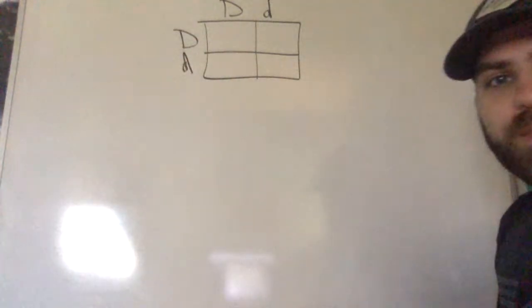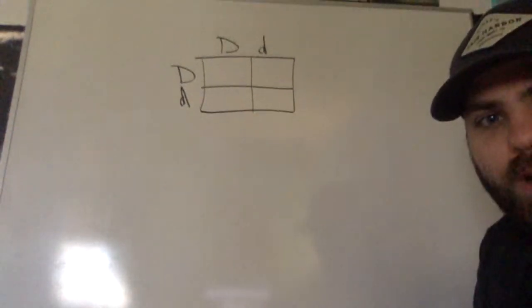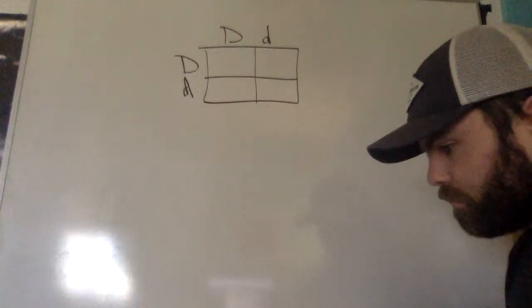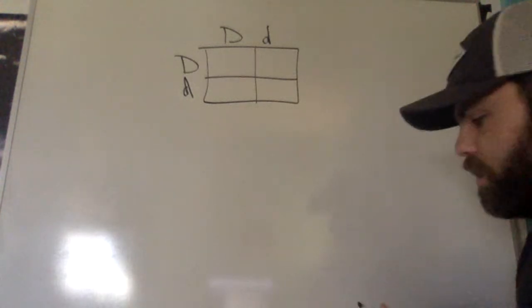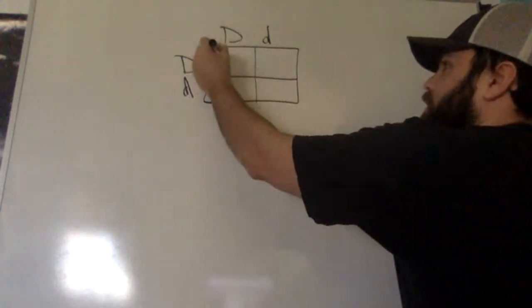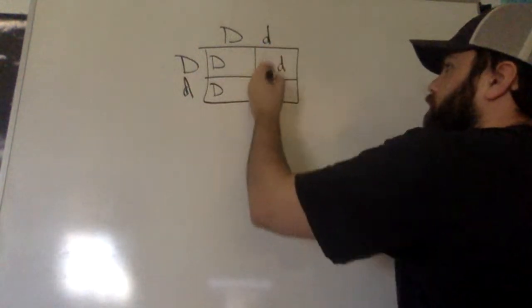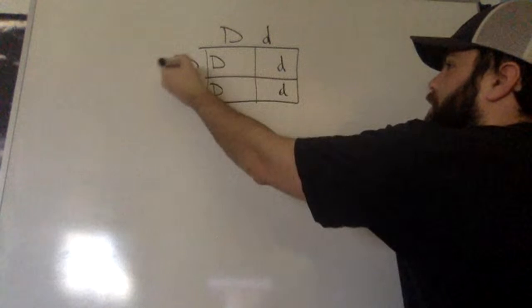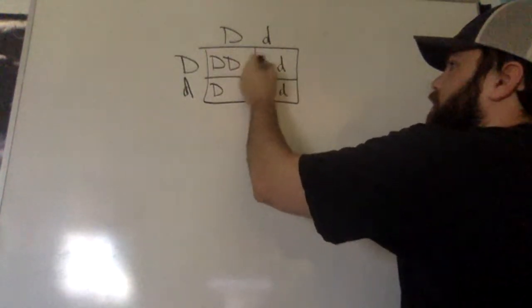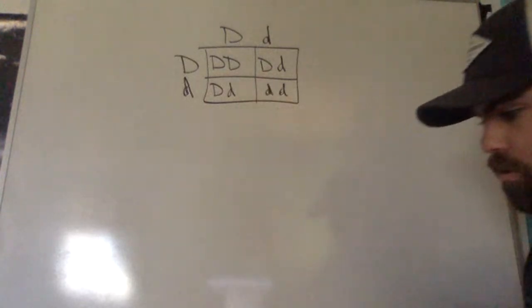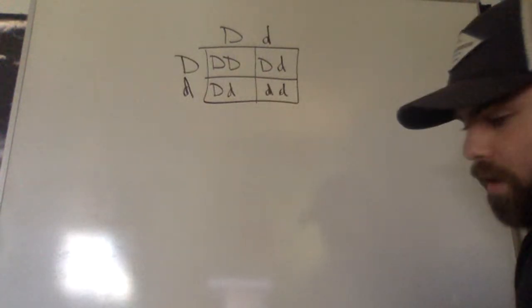Now, if some of you got the Punnett square wrong, but you got all the questions right, I gave you all the credit. So you're going to bring everything down, and then you're going to bring everything across. That's just the Punnett square that we make.